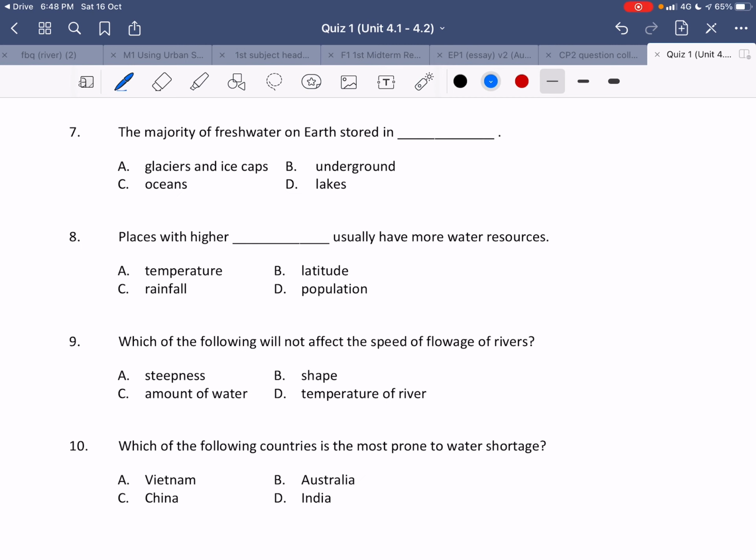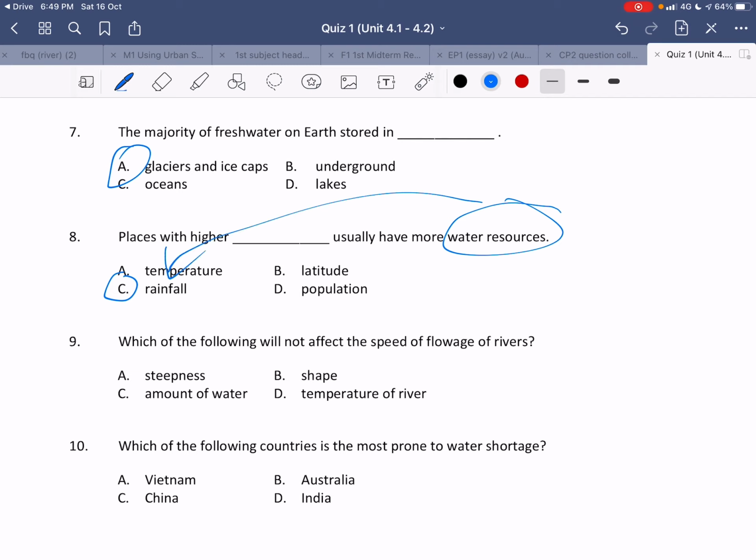The majority of the fresh water on the earth is stored in glaciers and the ice caps. Okay, the place with higher rainfall, water resource definitely rainfall.